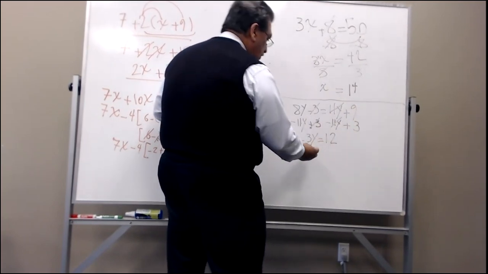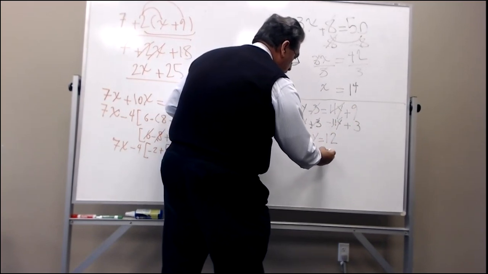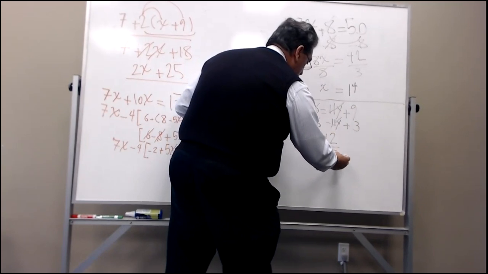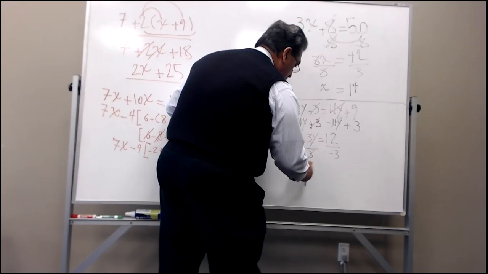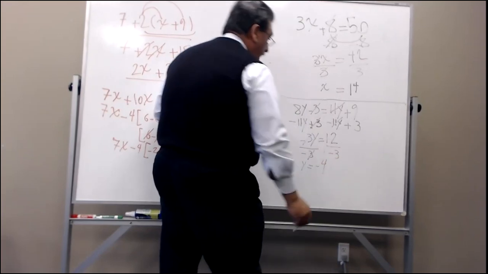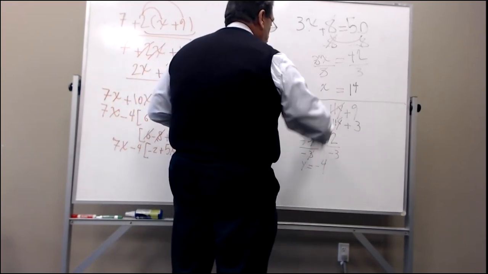So I divide both sides by minus 3. These cancel, so y is equal to minus 4.